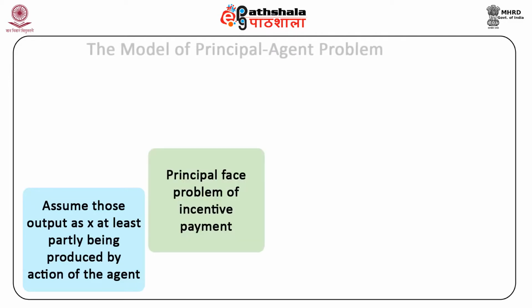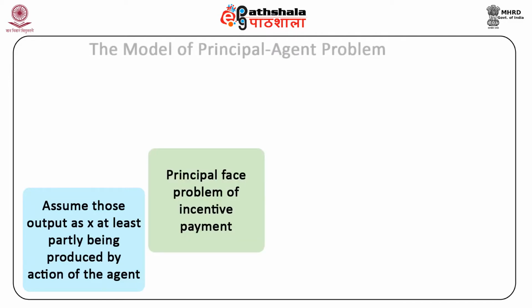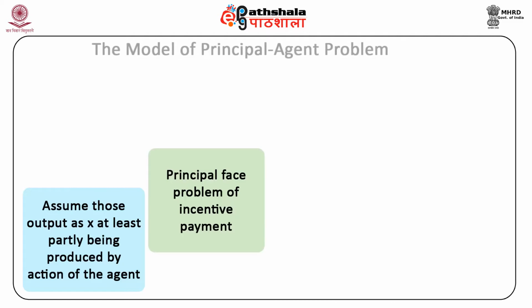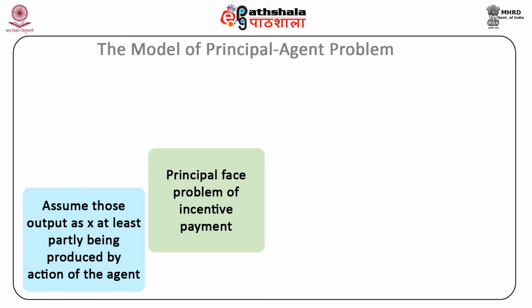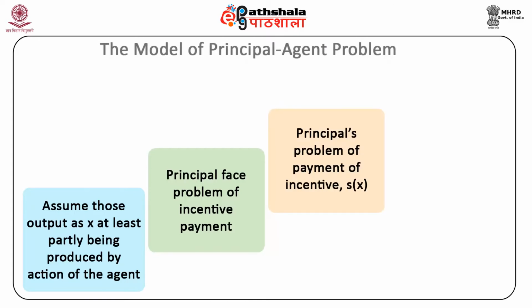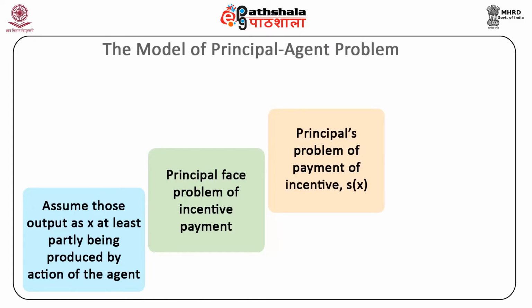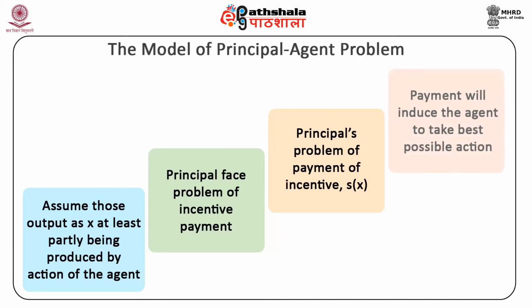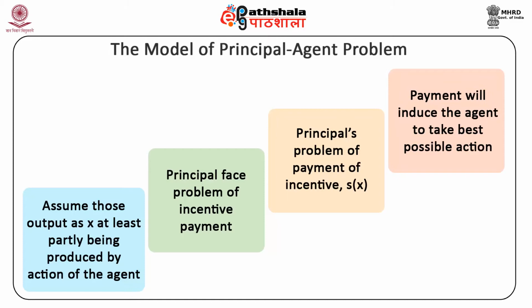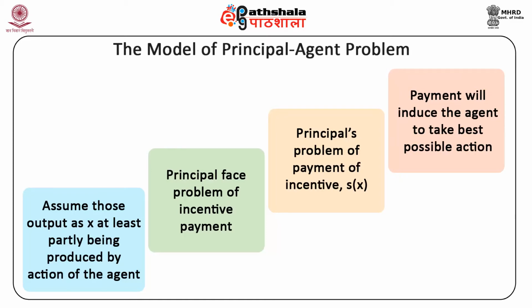The principal faces the problem of incentive payment, that is, the payment paid to the agent from the principal. Let us consider this as the principal's problem of paying the incentive, S(x), to the agent, and the principal assumes that this payment will induce the agent to take the best possible action.